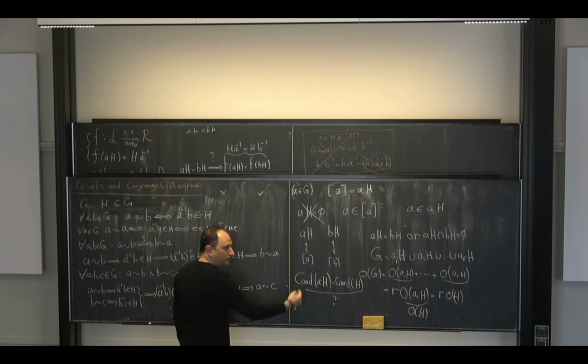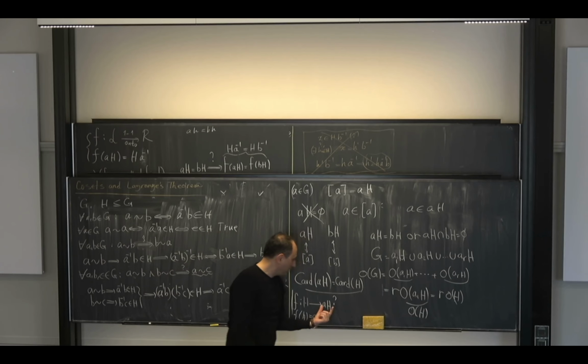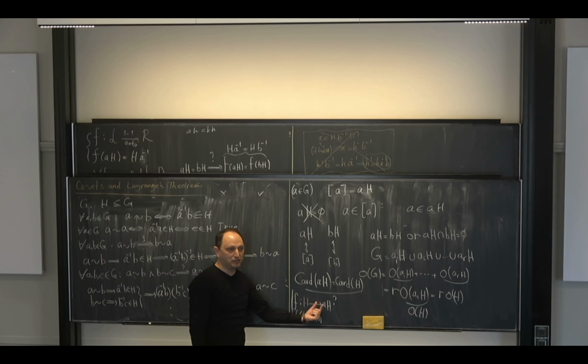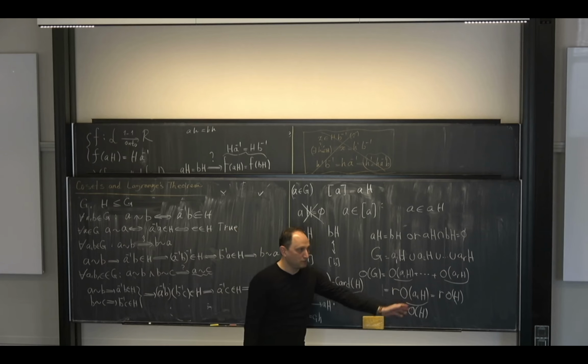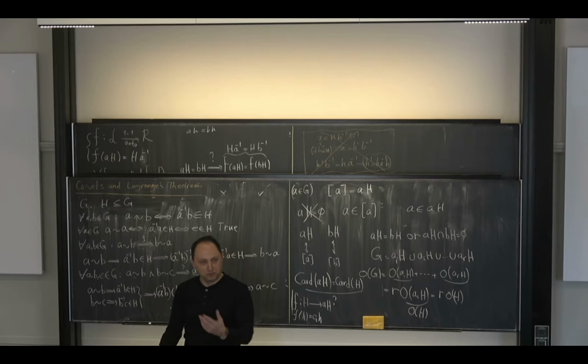If you want to prove cardinalities are the same, you should have a bijective function. F of h, what's the answer? It's a times h. Very natural. You can prove immediately that this is a bijection. If it is a bijection, the number of elements here and there is the same for any a. So everything is now formalized, and we were able to prove it.